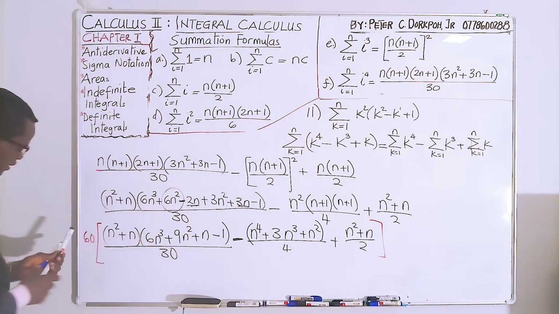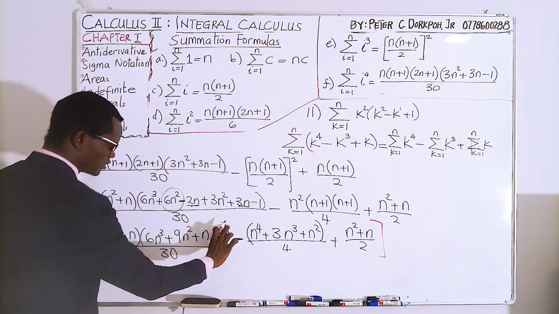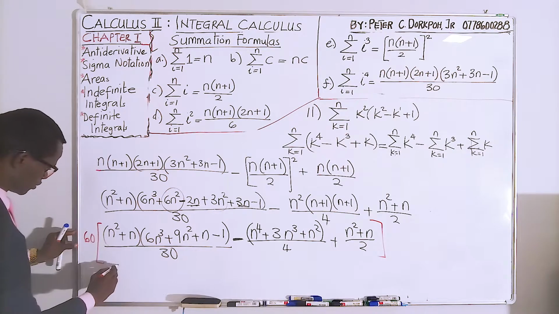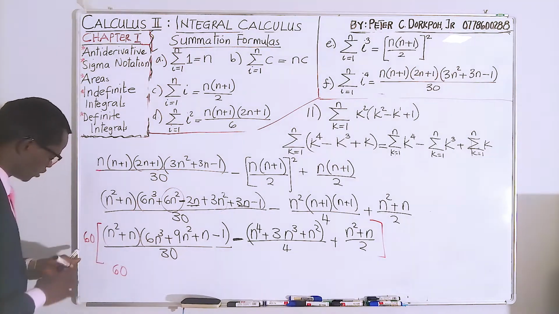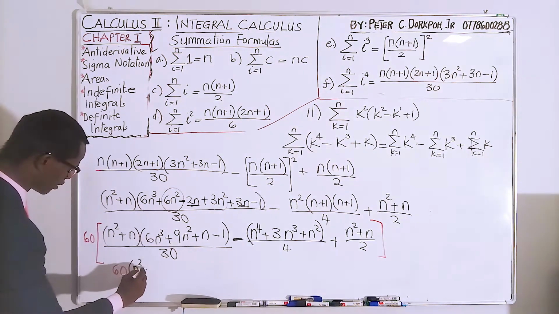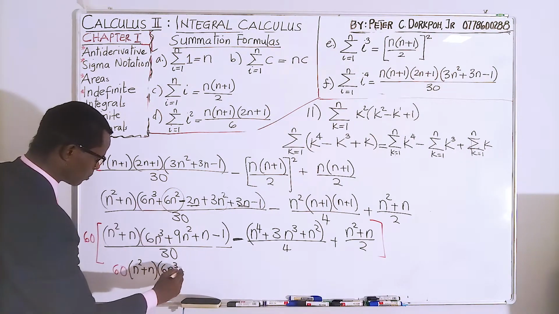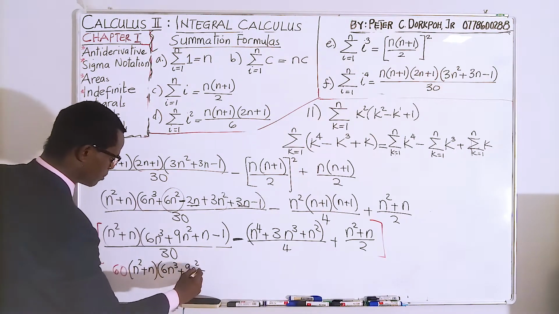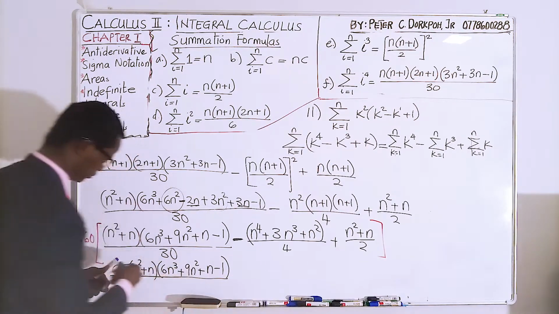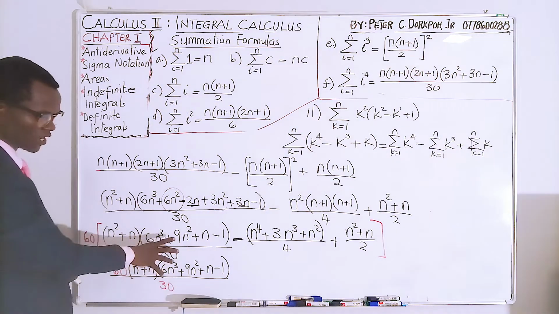So what we're going to do now is say 60 times this first fraction. Now you have 1, 2, and 3 fractions, right? So 60 multiplied by the entire first fraction, which is n squared plus n times 6n cubed plus 9n squared plus n minus 1, all divided by 30. We finish with the first fraction.